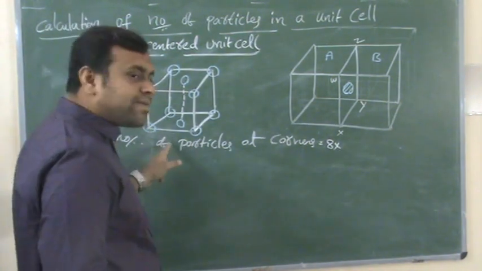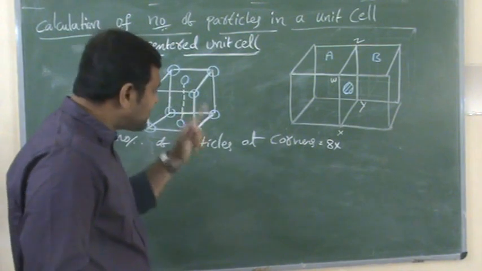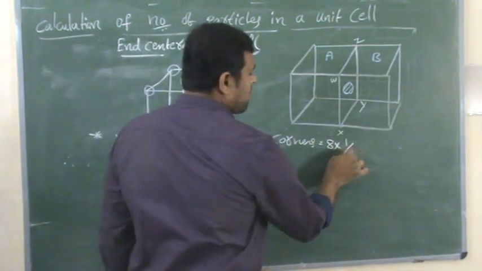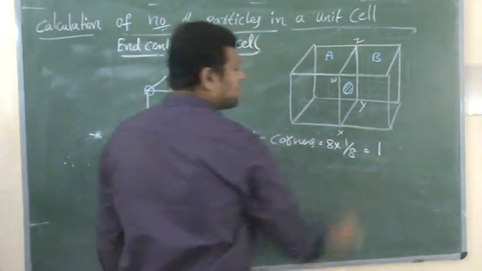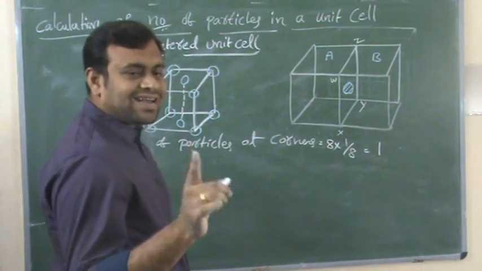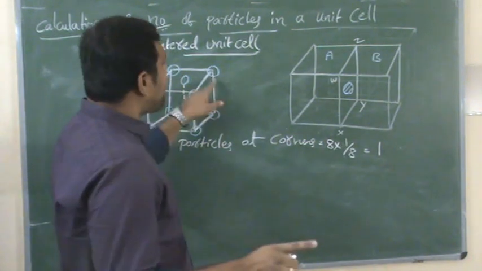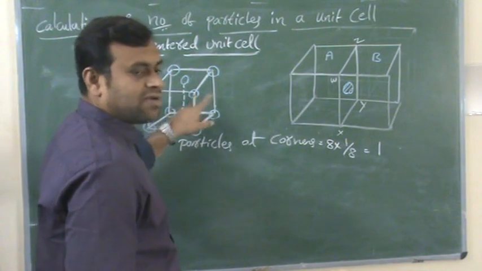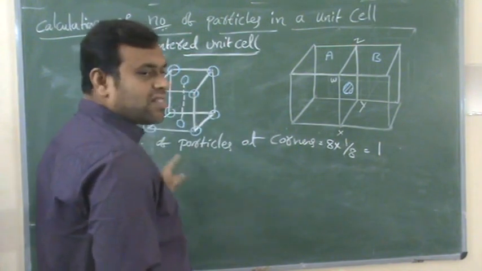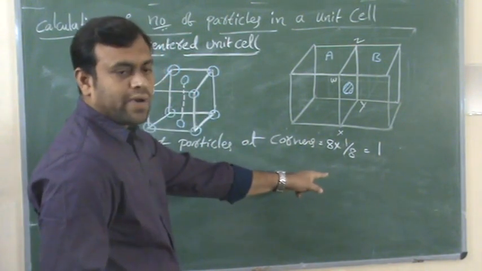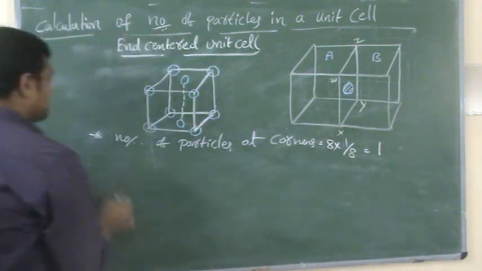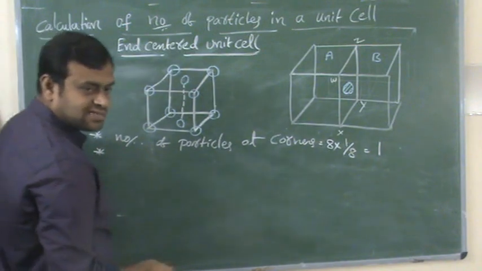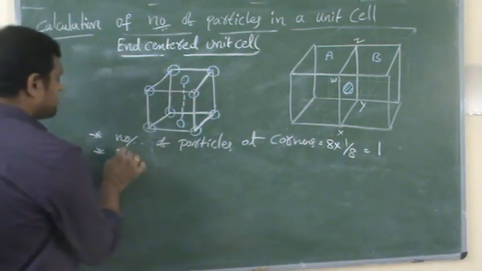So there will be 8 particles, but what is the contribution of each particle? That is important. 1 by 8, so only one particle is considered at the corners. Here 1 by 8, here 1 by 8, like that. You add all the 1 by 8s, you will get 1. Correct? Yes. Here end centers are nothing but face centers. Is it correct or not? Yes.